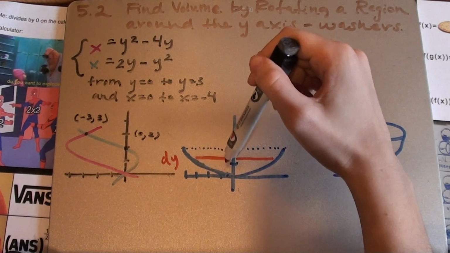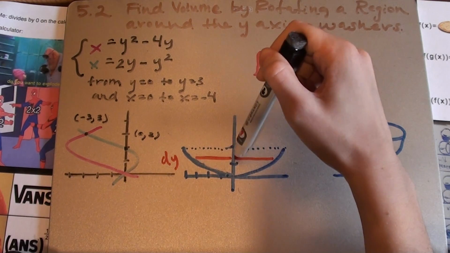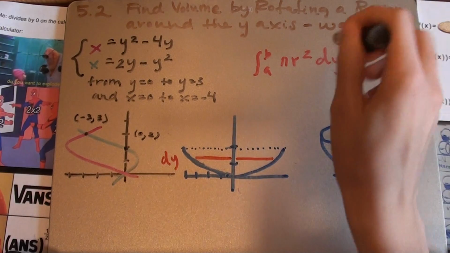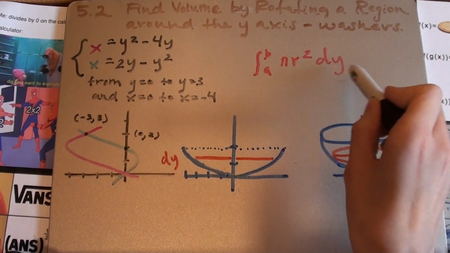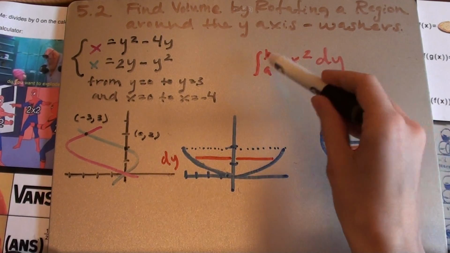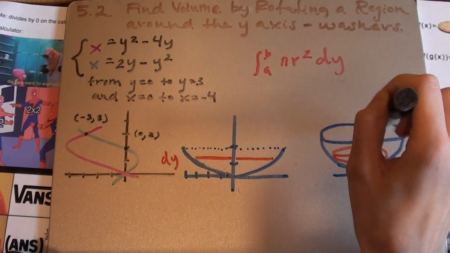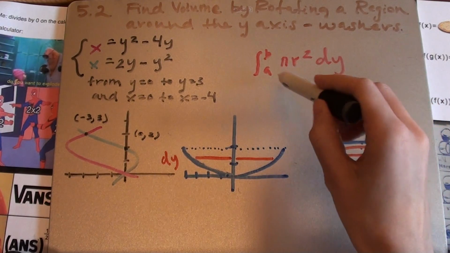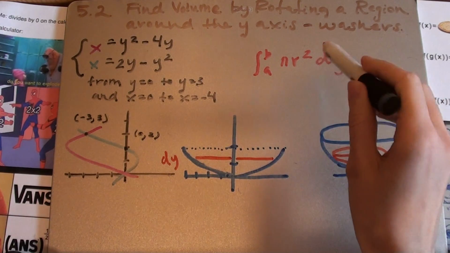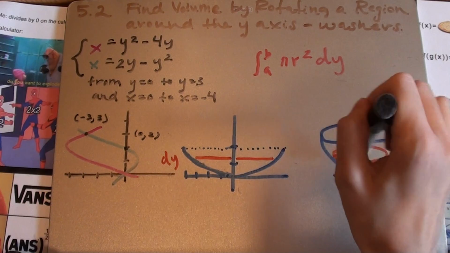So because they're perpendicular, they have a width, a dy, right? Our width is in terms of y. So looking at this equation, it's literally the equation for the volume of a cylinder. We have a width, dy, and then we have the area of the circle, pi r squared, so that'll tell us the area of the top. So we're finding the volume of all these individual cylinders that make up this entire figure when we integrate this. That's what it's doing.